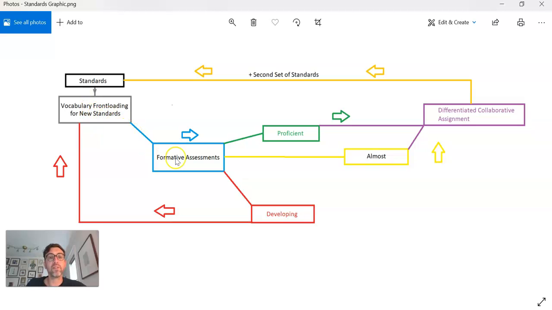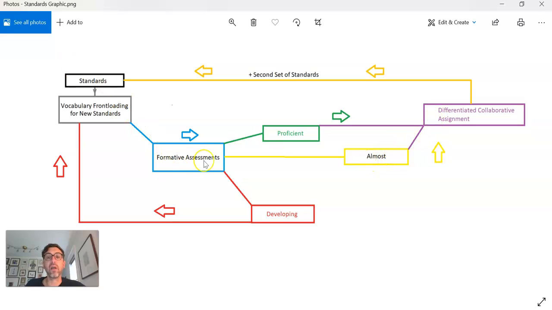Then from what they say in the essay, I design formative assessments to help those students do better in those standards moving forward. And once, through the formative assessments and the essay, I can see that they are proficient or almost proficient in the one that they went to, then they can move here.